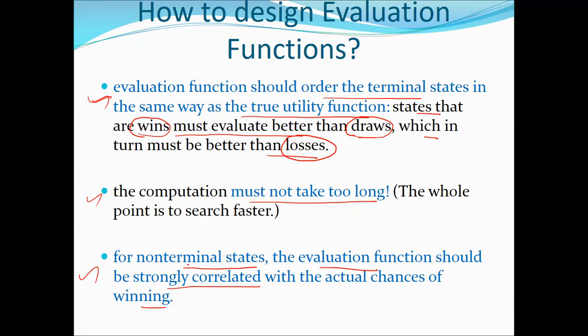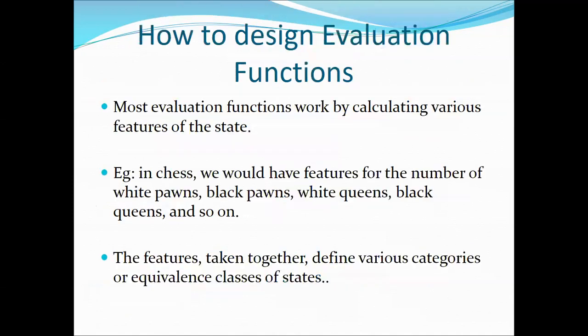It should not correlate towards a draw. Because when you play a game, your objective is to win, not to draw. Only when winning is not possible will you look for a draw.